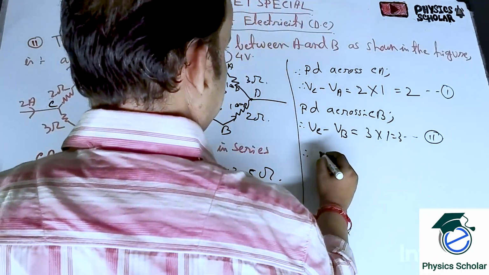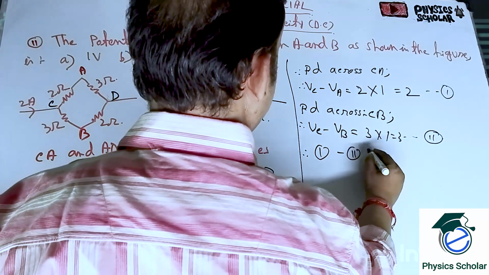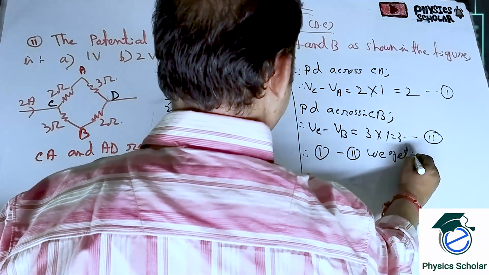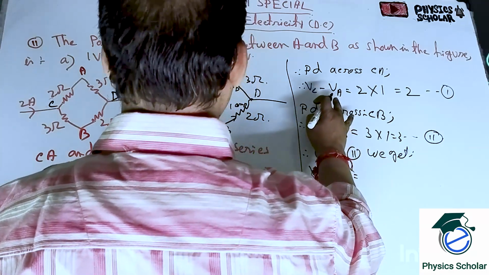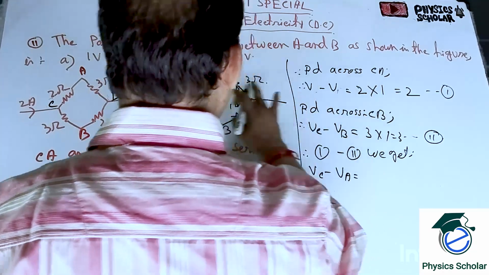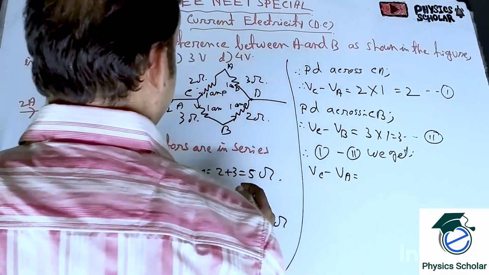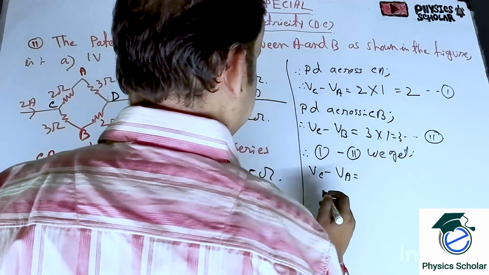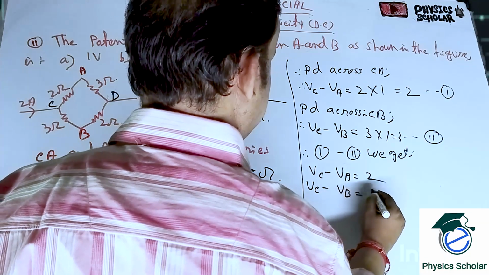Okay? So 1 minus 2, we get what? Because the current is flowing from higher, VC minus VA is equal to 2 and VC minus VB is equal to 3.